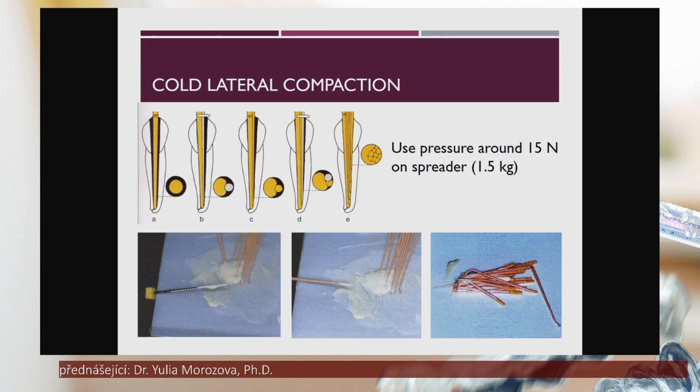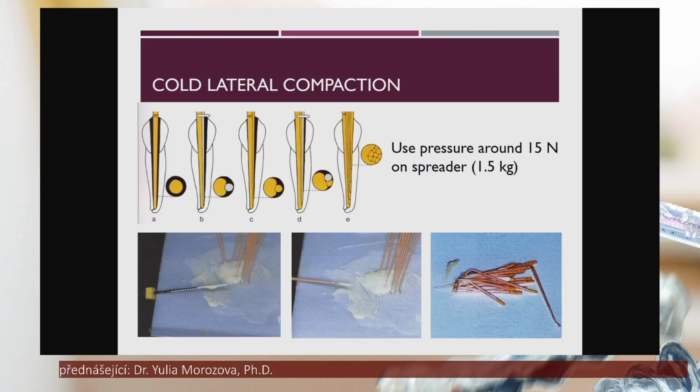Please be careful in this case and don't press too much on the spreader. Then we leave this spreader for 1 up to 2 minutes, so we can prepare the additional auxiliary gutta percha cone. Then we remove the spreader really gently.